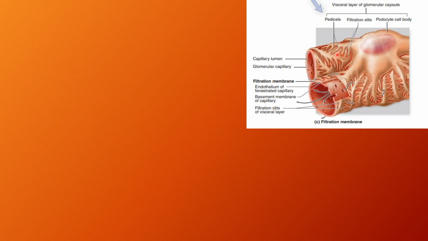Here we'll discuss the visceral layer of the glomerular capsule, which forms the filtration barrier. There are podocyte cells on the capillary endothelium, also forming filtration slits and pedicels.